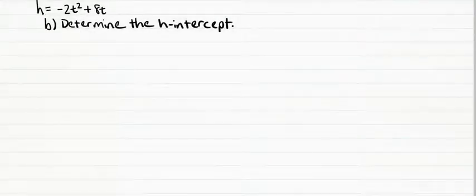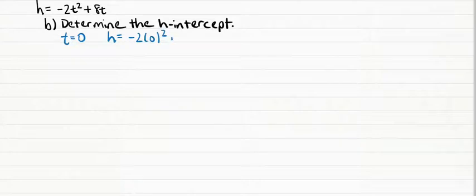Okay, next we're going to use the same scenario and same equation to determine the H intercept. Well, the H intercept occurs when the other variable t equals 0. And so we can substitute a value of t equals 0 into this equation. And we see that negative 2 times 0 is 0, and 8 times 0 is 0.